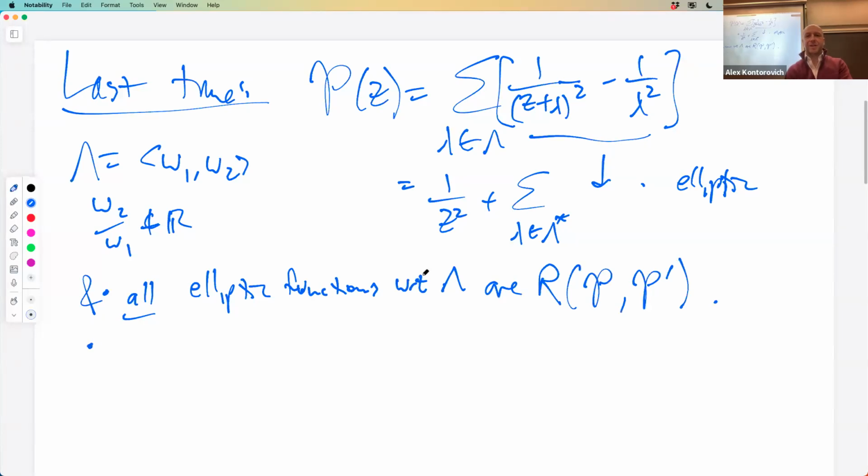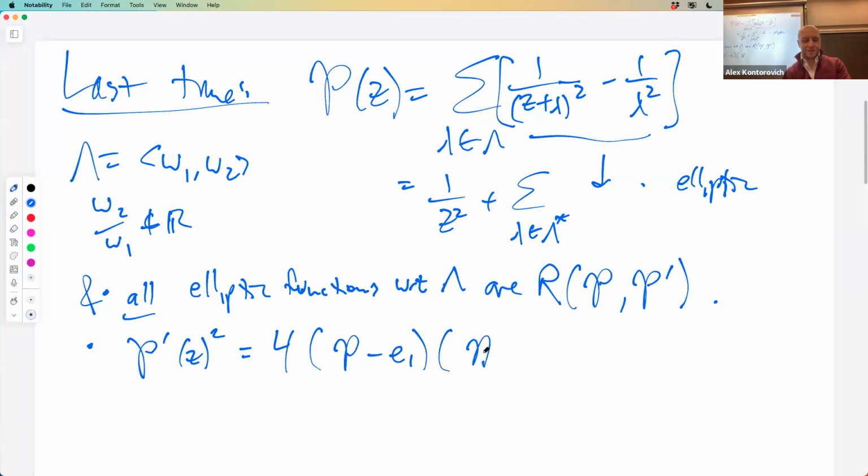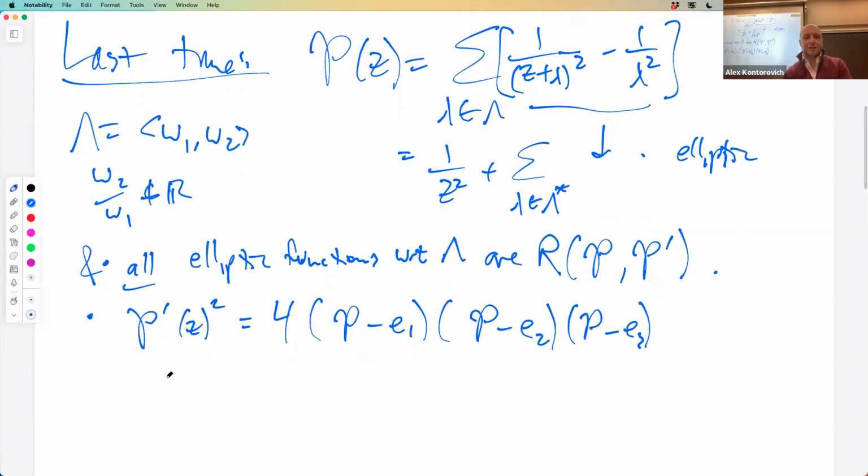And the other reason to want to study this function is that it parametrizes elliptic curves. So we showed that p prime of z squared is a cubic in p, which was p minus e1 times p minus e2 times p minus e3, is equal to p prime squared, where e1, e2, e3 are p at these half lattice points, just reminding you what we did last time.